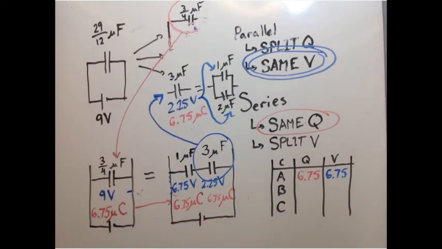All right, and zooming ahead a little bit, if the 1 and the 3 are the capacitors equivalent to the 3/4 microfarad capacitor, and they are in series with each other, then they have the same charge as their equivalent capacitor and the same charge as each other. And then a little bit of math will show you those voltage values. All right, but then this is what we can fill in our table.